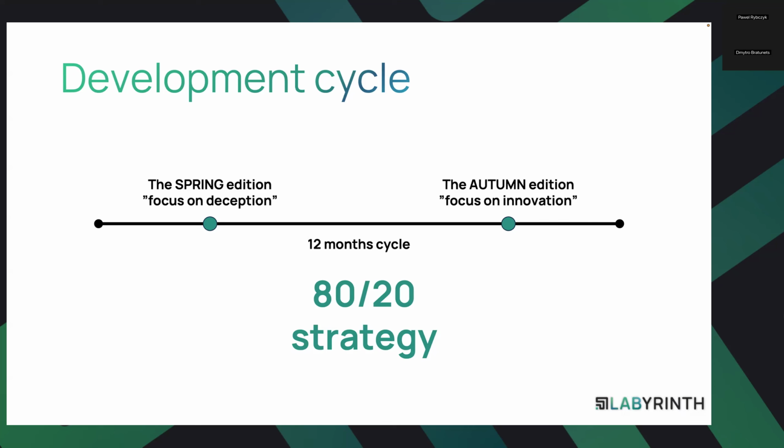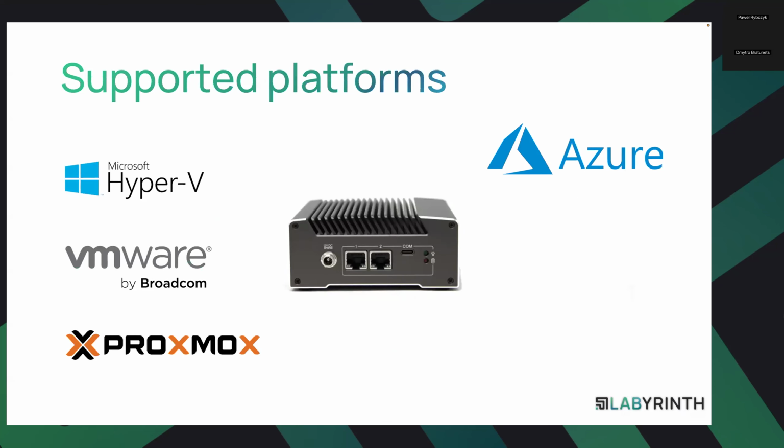So we are now on the spring edition, and once again, reminding a bit about the platforms we support up to the current version. Virtualization is quite a strong set of possibilities to deploy Labyrinth. We support Microsoft Hyper-V, VMware, and Proxmox.